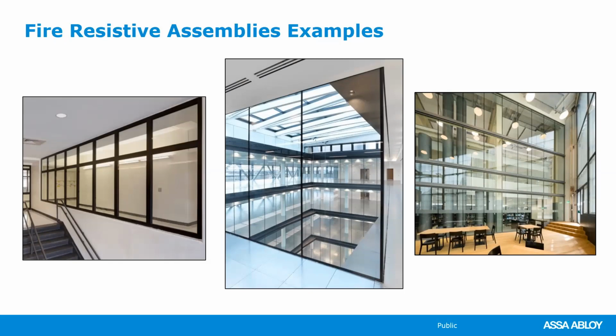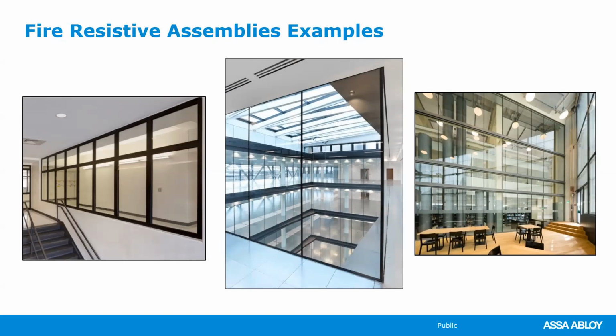The center picture shows the Contraflam structure. If you notice, there's no mullions. You have that very small sight line vertically, and Contraflam structure, again, that butt joint can only be done vertically.